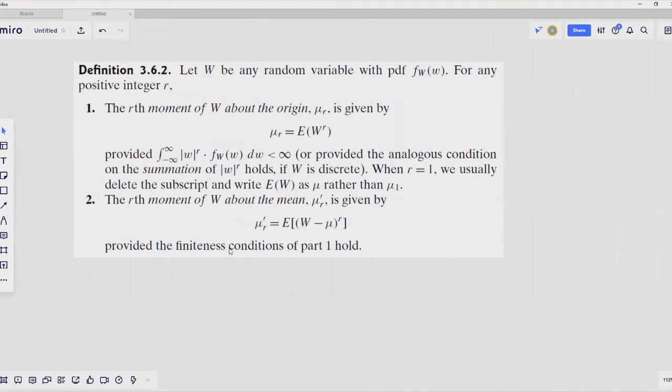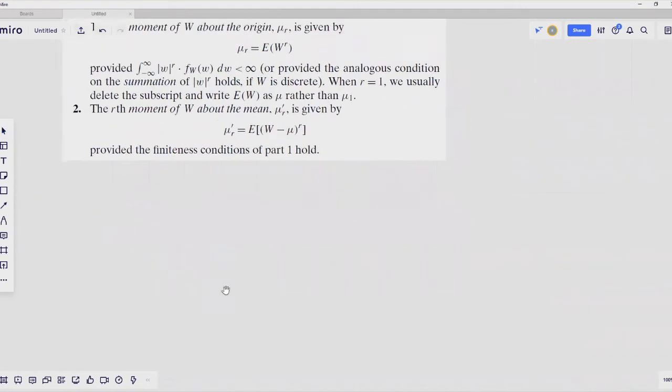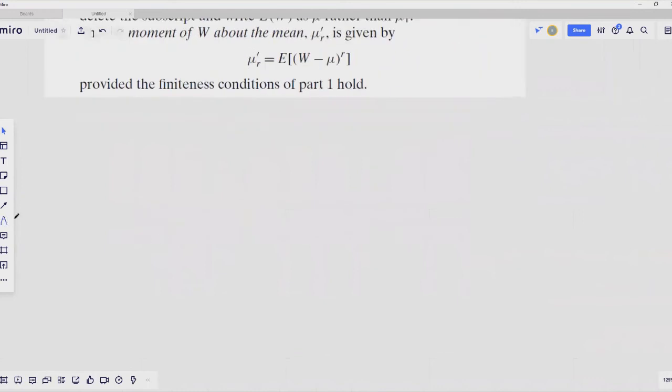Now, again, we need to worry about existence, provided that the following integral in part A should also exist. Now, we have seen the first moment about the origin, which is the expected value, and the second moment about the mean, which is the variance.